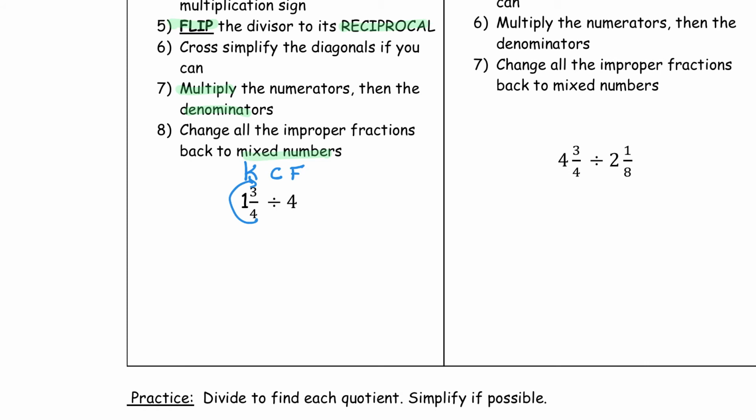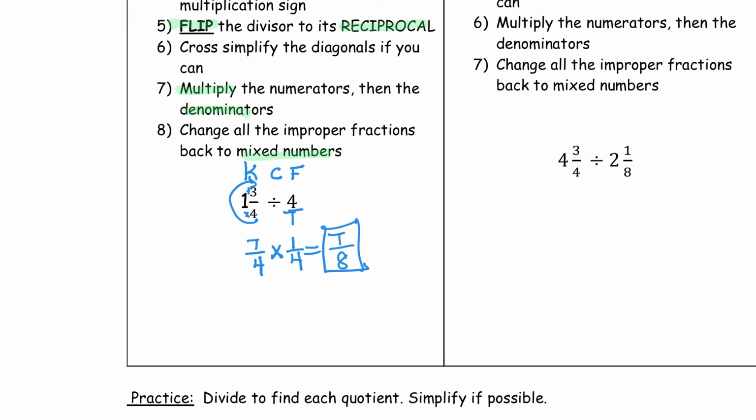I'm going to change this to an improper fraction. So 4 times 1 is 4 plus 3 is 7 over 4 times, now, this fraction is 4 over 1. So before I do anything, I have to make sure I put it over 1. Now I'm going to flip 4 over 1 to what? Good. 1 over 4. Now I can simply go ahead, multiply the numerators and multiply the denominators, and I am finished. And my answer is 7/8.